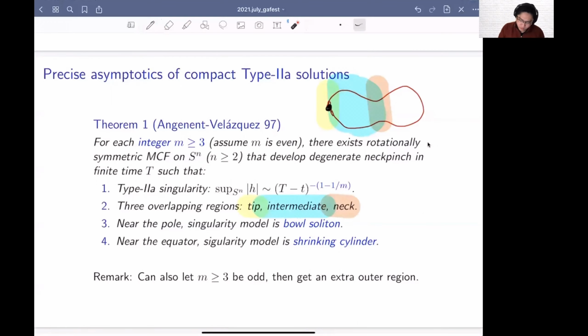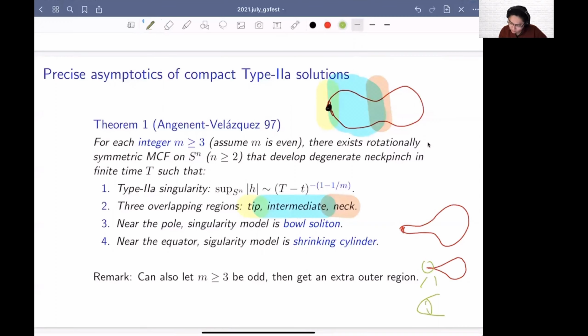And we can also consider odd integer m that's greater or equal to 3, and the solution will look like an asymmetric dumbbell, something like this, and it forms a cusp sort of singularity. And if we apply a blow-up analysis and base our point at the tip, then we will see again a bowl soliton.